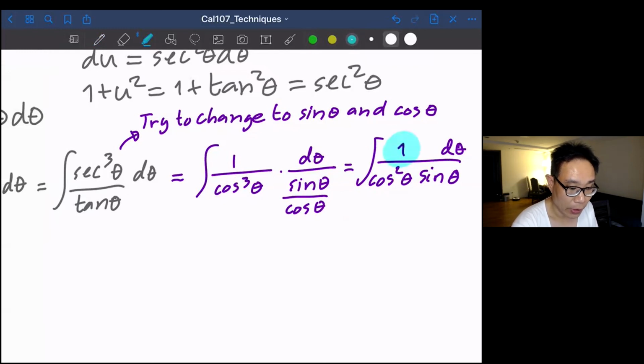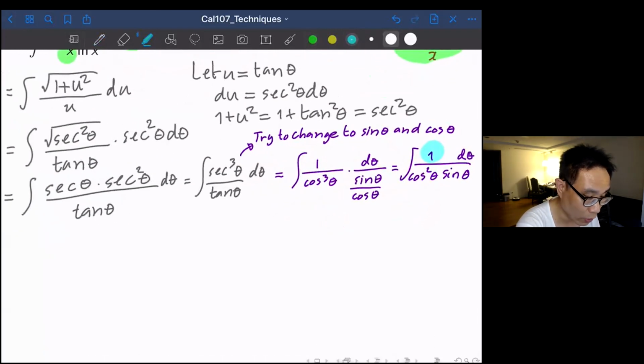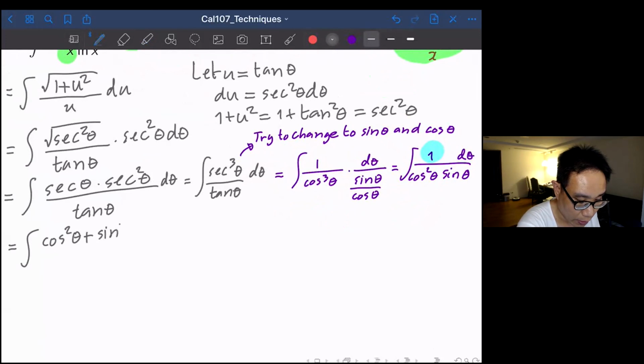You see 1 up here. The thing that we're going to do is change 1 to cos squared plus sine squared. So you integrate cos squared theta plus sine squared theta over cos squared times sine theta d theta.